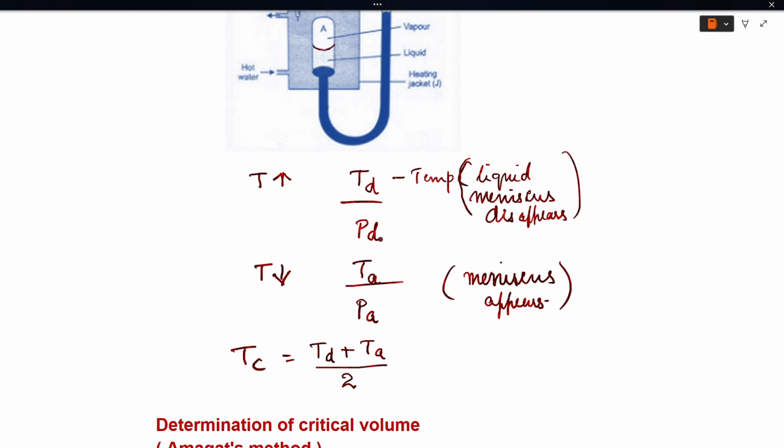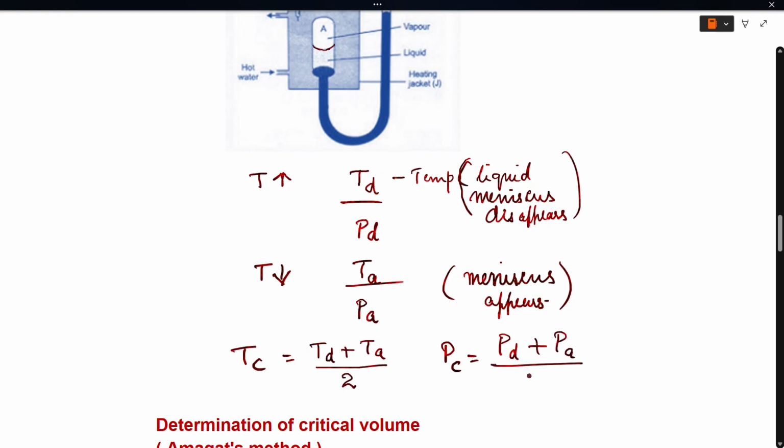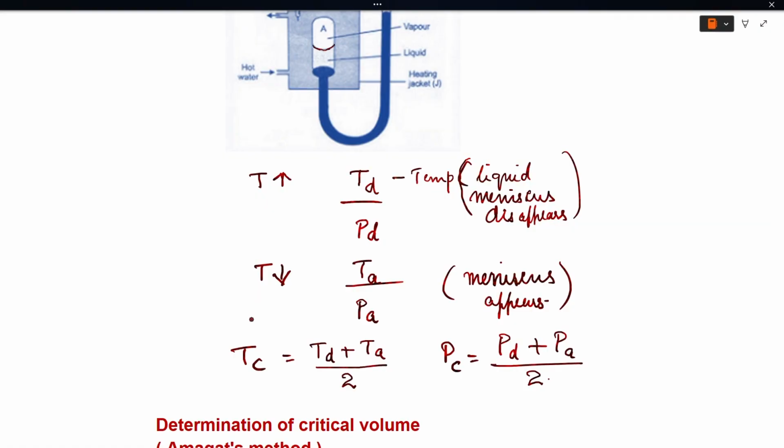Now pressure PC will be equal to the pressure corresponding to disappearance of the meniscus plus the pressure corresponding to appearance of the meniscus, divided by 2, in order to avoid any experimental error, and in this way we will be finding out the critical temperature and critical pressure of a particular substance.